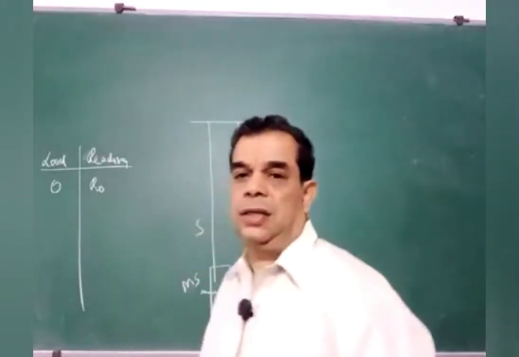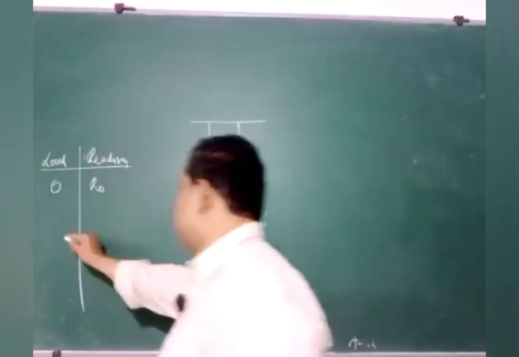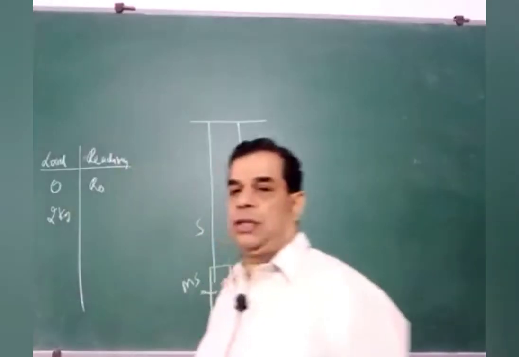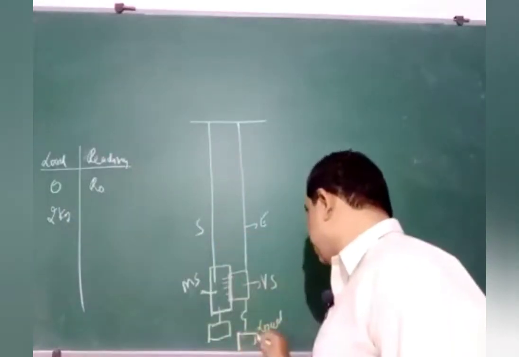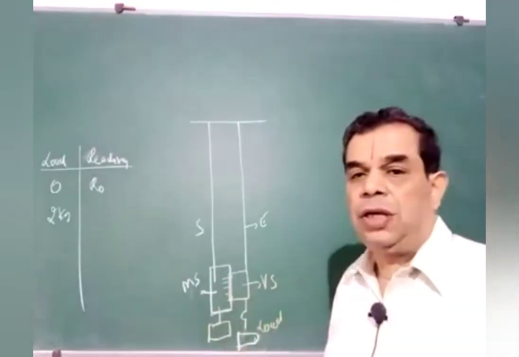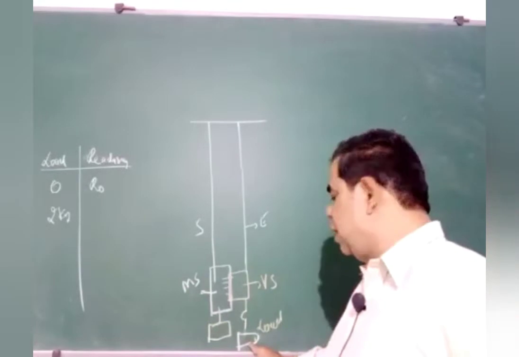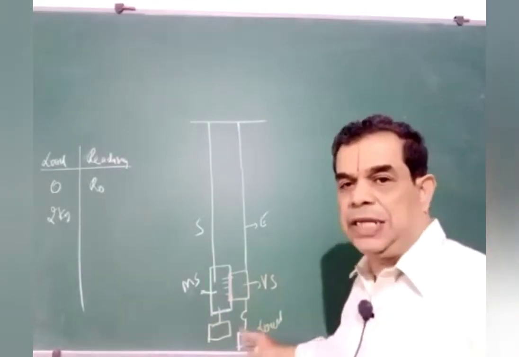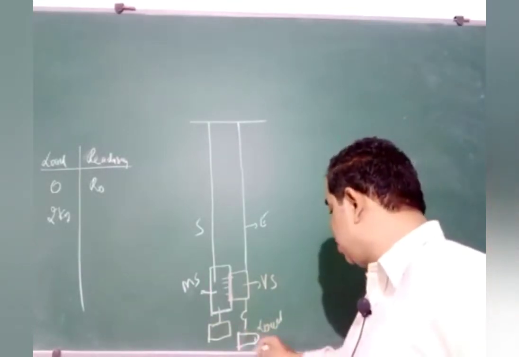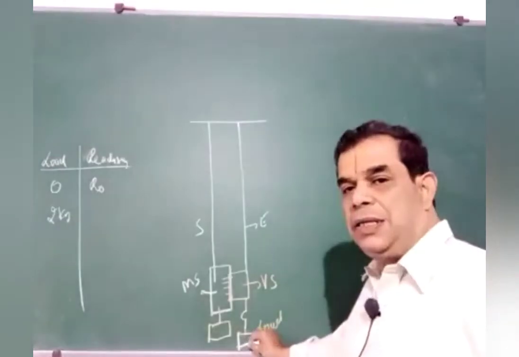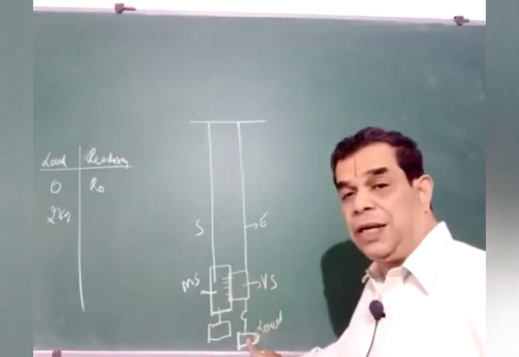Then we increase it to 1 kg, 2 kg. We note down, once we apply a load there, say 2 kg load. Usually we apply 5 kg or something like that, or sometimes half a kg, 1 kg. That depends on the situation in the lab. Once we apply some weight here, what will happen?